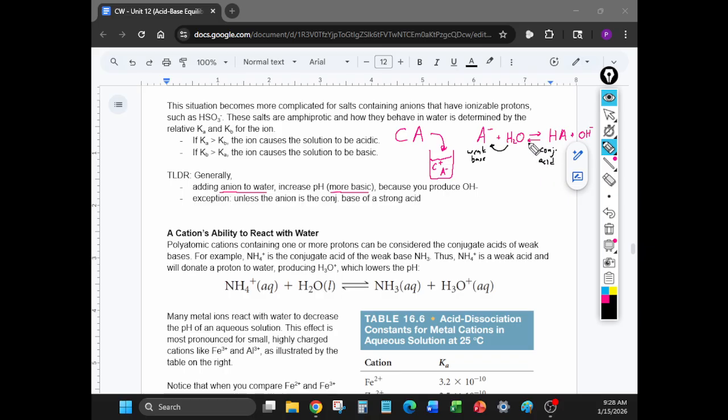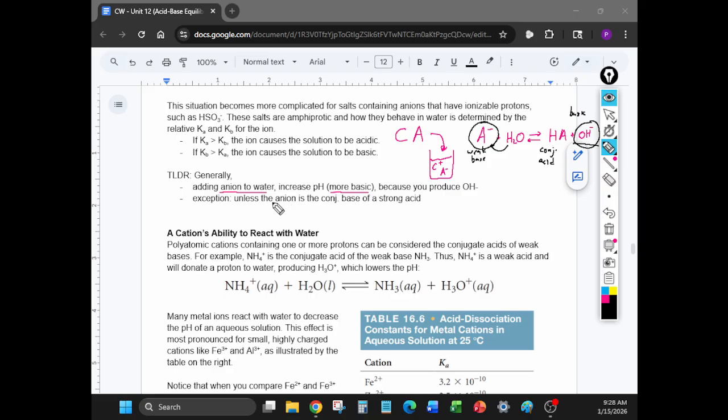And when it does that, the H2O is going to become OH minus, which is hydroxide. This is going to increase the hydroxide concentration. And we know that if there's more hydroxide in the solution, it's going to make the solution more basic. So in other words, if you add an anion to a solution of water, it's going to ultimately produce more hydroxide, and that's going to make the solution more basic.